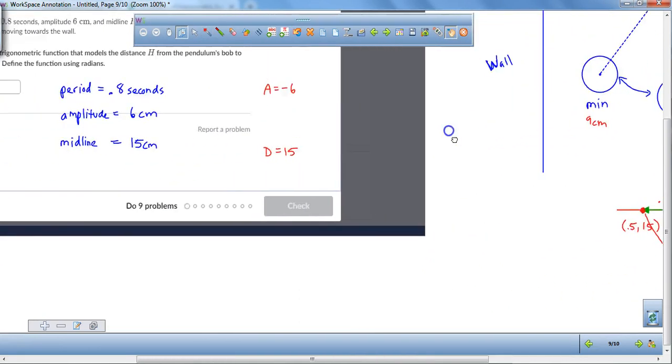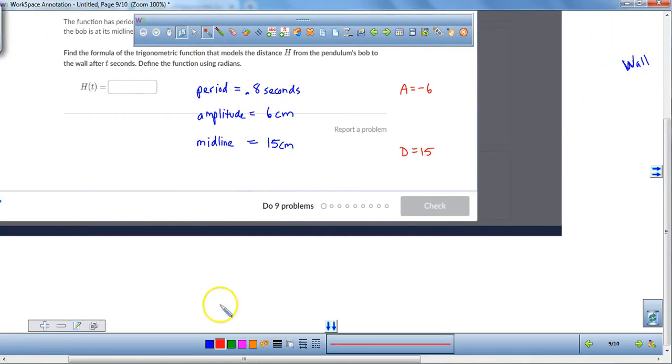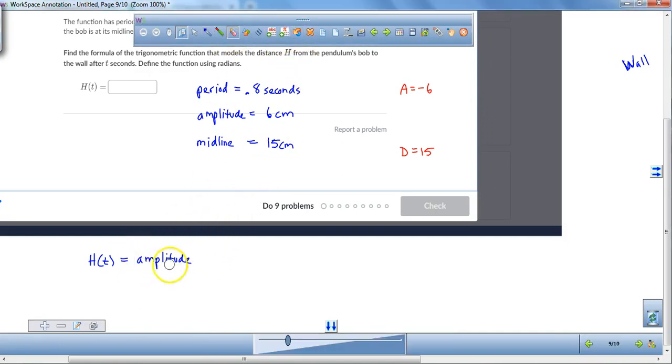So right now, I'm going to build the formula with you. So here's going to be the important point. I'm going to write h of t equals, I'm going to write it in words once again, amplitude. Actually, the a value could be positive or negative, so we'll put a value. Our a value happens to be negative in this particular case.